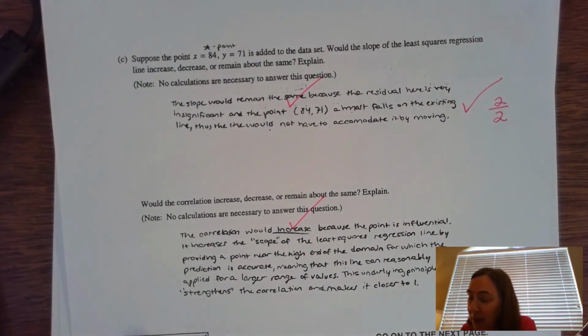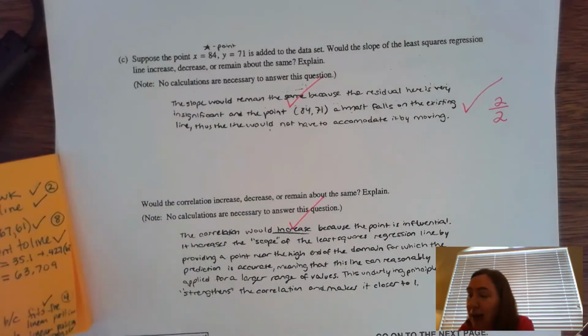All right? And now you need to justify that particular answer. What I'm looking for is something like that the linear pattern is stronger, that it makes the line look more linear. It sort of extends the line, making it a much better linear pattern. Okay? So that's what you need to get across.